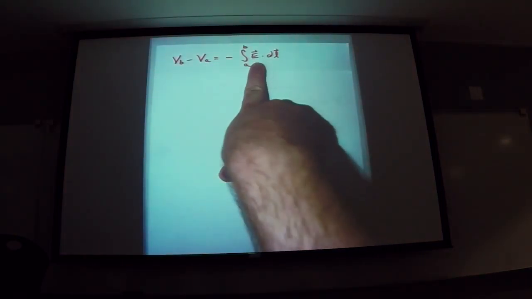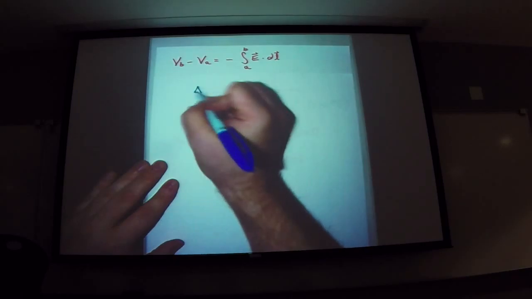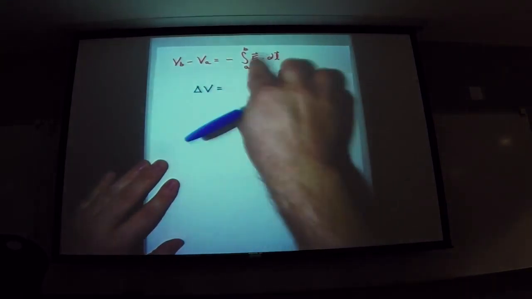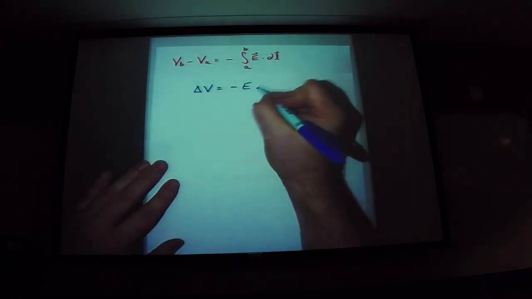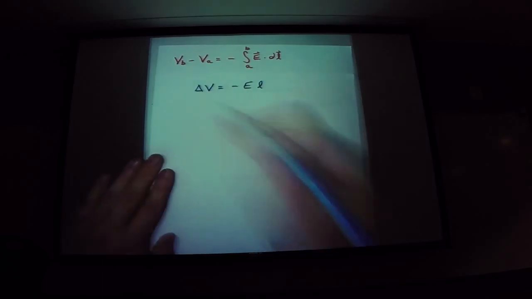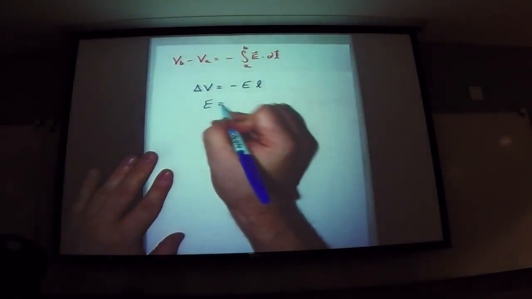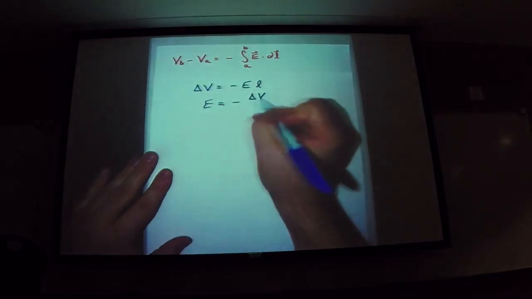First of all, let's do this for constant stuff. So delta V equals, if I pull the E out, minus E, and I pull the ds out, I'm going to just call this L. What I do is I could say that my electric field is equal to minus delta V over L.